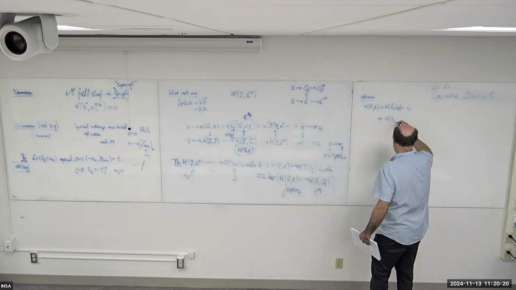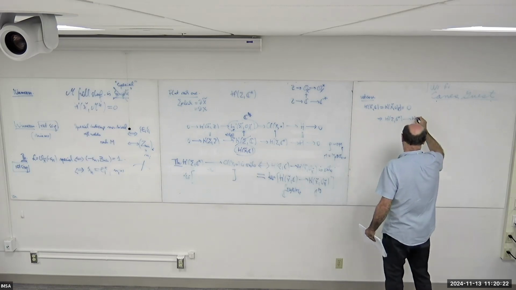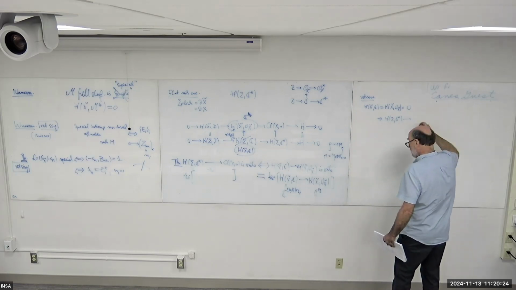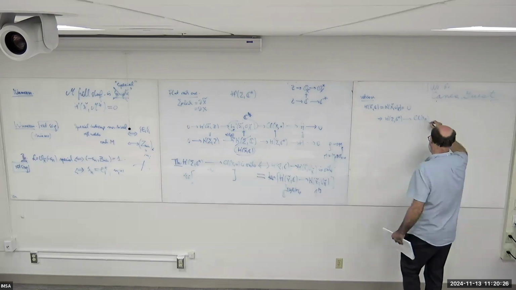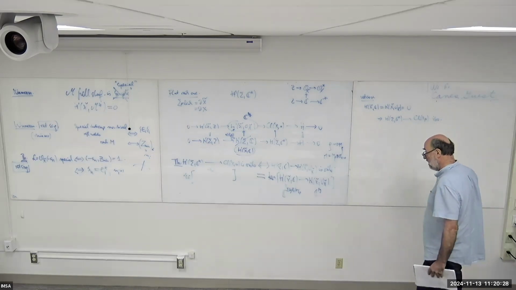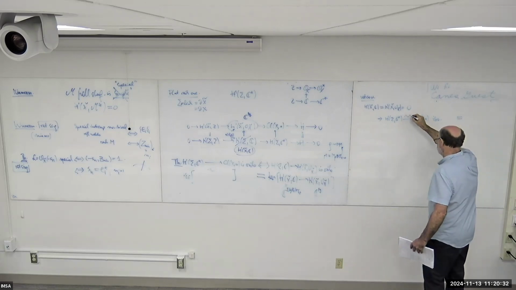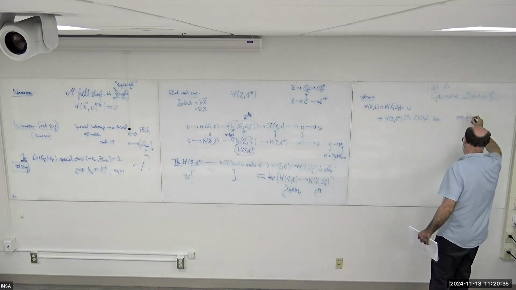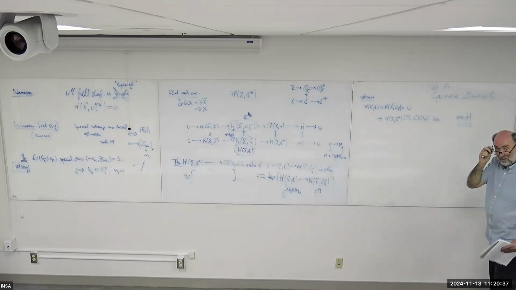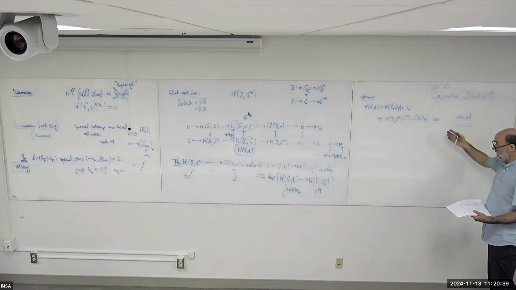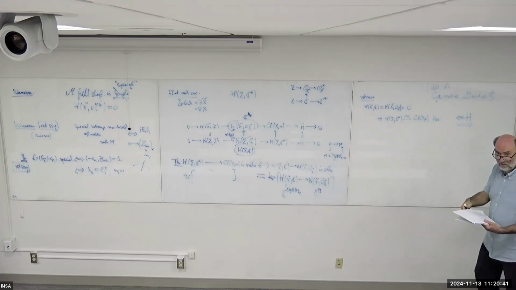H1(sigma, C star) goes to H1, the class group, this is an isomorphism, and actually we even know that it is isomorphic also to H. Yes, it's very interesting that even for the rational case, I don't know, it was not known.